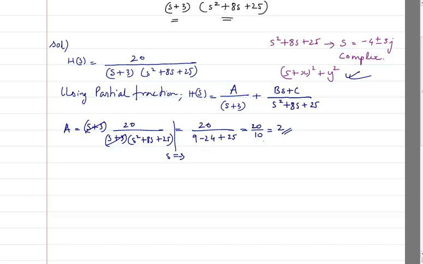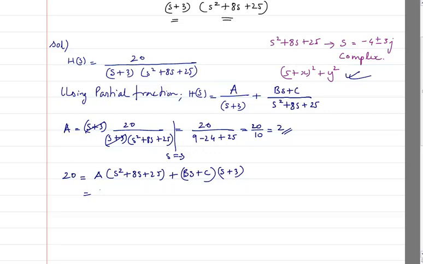Now for finding the value of b and c, there are many different techniques, but we will use one of the techniques that we have already used here, which is 20 is equal to a into (s square plus 8s plus 25) plus (bs plus c) into (s plus 3). Okay, what we have done is the cross multiplication.